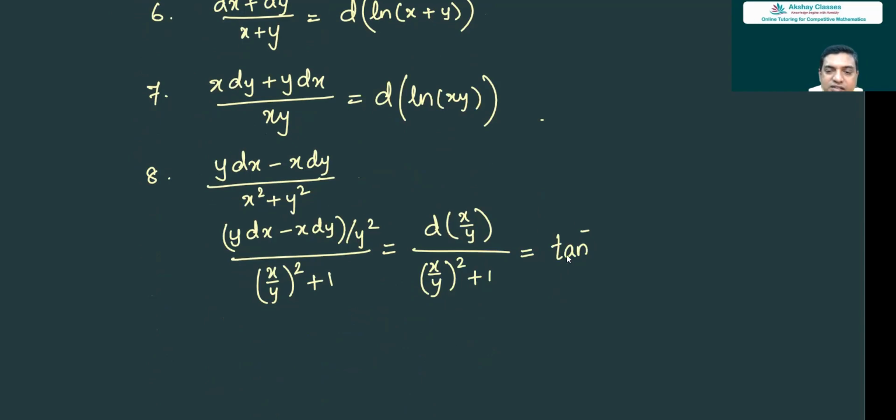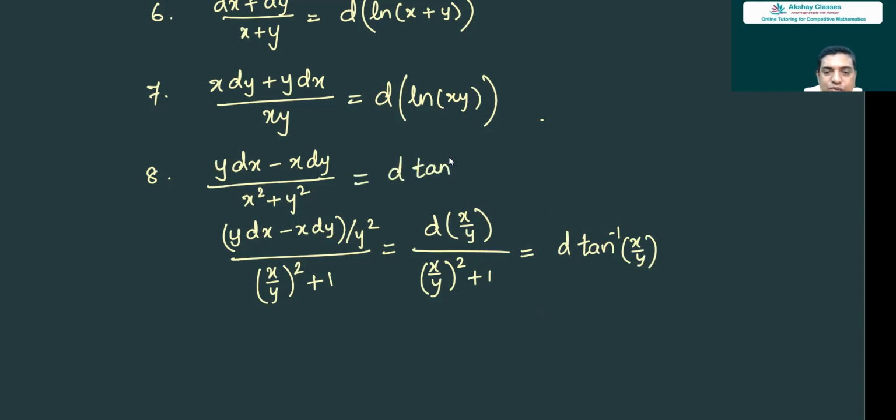If you integrate this, integral of dx upon x square plus 1 is tan inverse x. So this is tan inverse (x by y). This is a differential of tan inverse (x by y). So this is the answer.